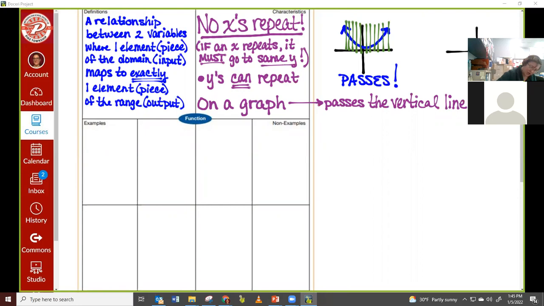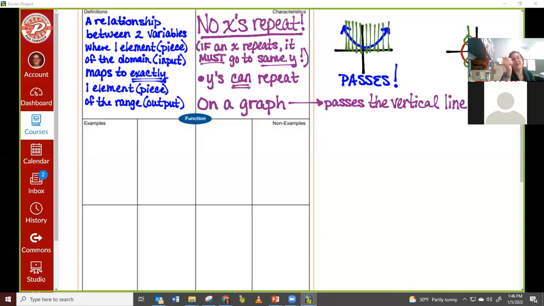If I have another shape though, like a graph over here with a circle on it, if I were to draw a vertical line here on this graph, do you guys see how it crosses my circle twice? If it crosses my graph in more than one spot, then it fails.